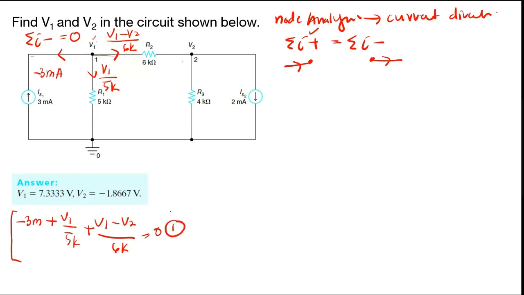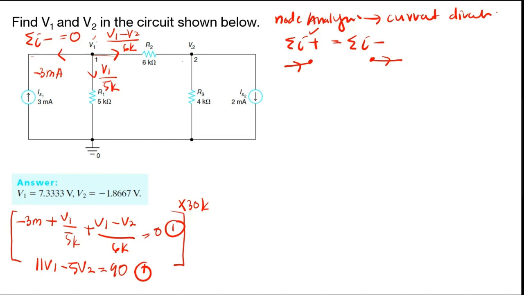You need to simplify this equation. Maybe you multiply it by 30K, and then you can simplify. When I simplified, I get 11 V1 minus 5 V2 equals 90. So this is your equation 1.